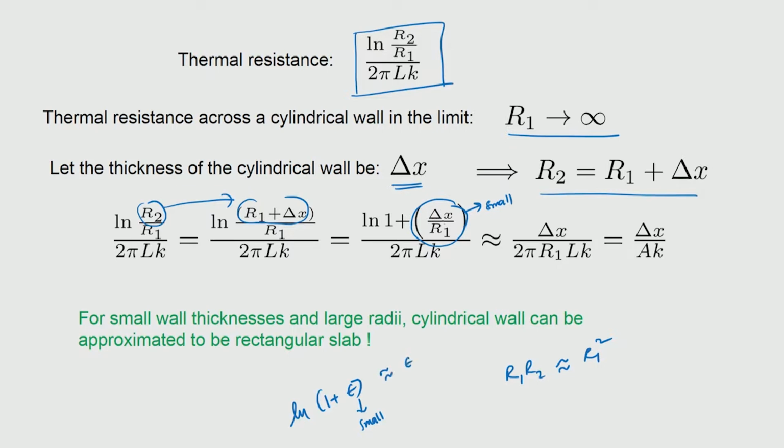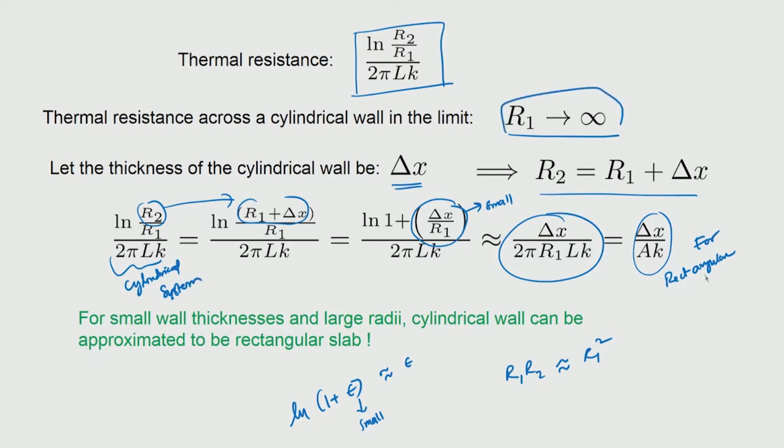Okay. So, then we write delta x by r1 here, and then immediately we can see that we retrieve the expression which is for the rectangular coordinate system. So, we start off with the expression for the cylindrical system, and with the limit we are able to arrive at the expression for the rectangular coordinate system.